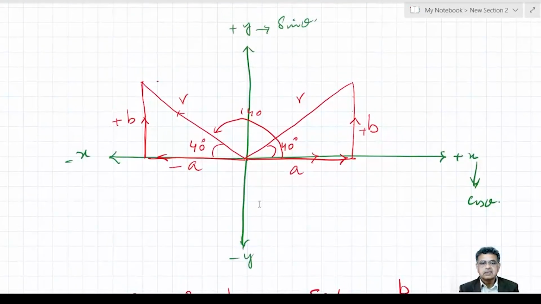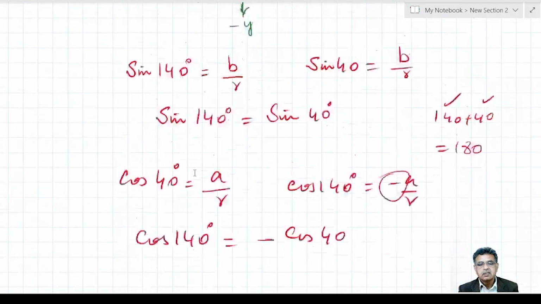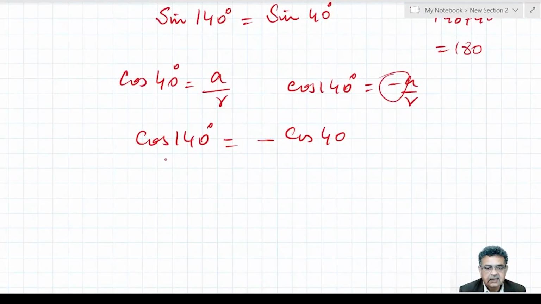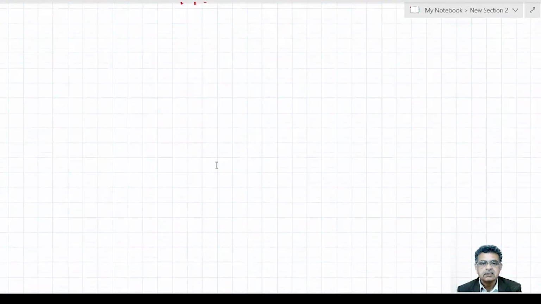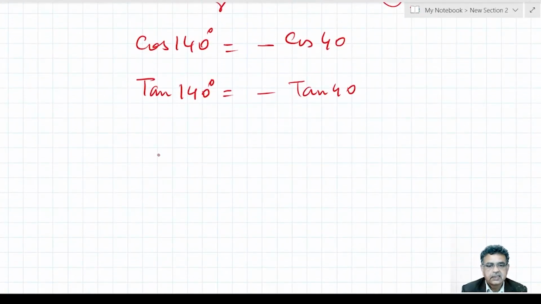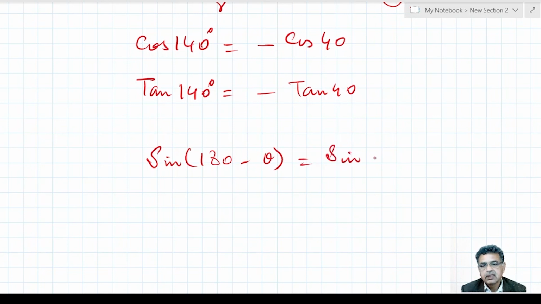Similarly for tangent, once again, this is B over A, this will be minus B over A. Therefore you can say that tangent 140 degrees equals negative tangent 40 degrees. So generalizing these terms, we can say that sine 180 minus theta is equal to sine theta.